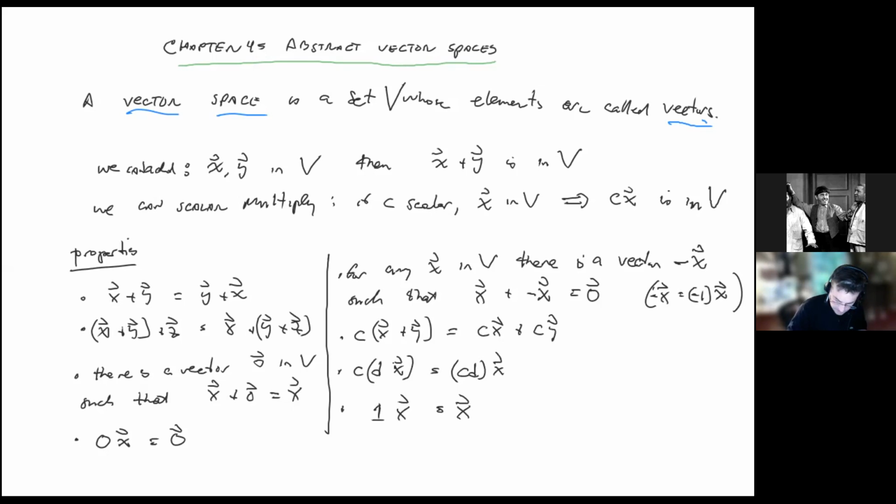All right, so let me give you some examples. So example 1, Rn. Remember Rn is the set of vectors in n-dimensional space; it satisfies all these, it is a vector space. That's the one we've been studying all along. Okay, so that's not surprising, but there are other kinds of vector spaces which we don't think of as spatial.